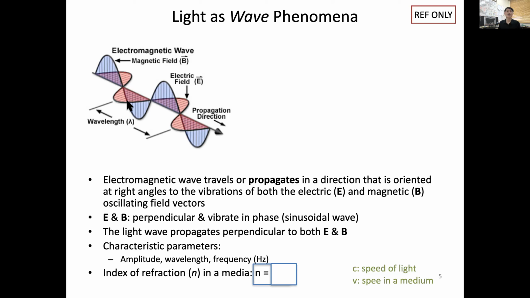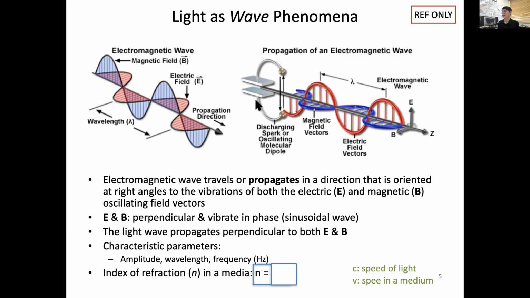So in reality, how do we generate this electromagnetic wave? In fact, you may remember Marconi first invented a way to generate EM waves, using two poles and oscillating, and that can generate this EM wave.